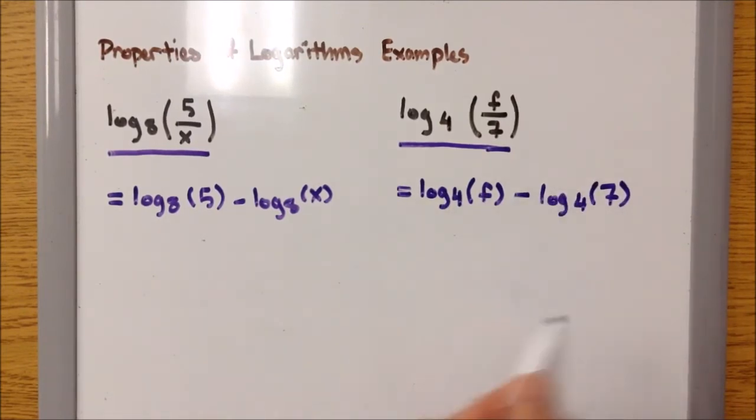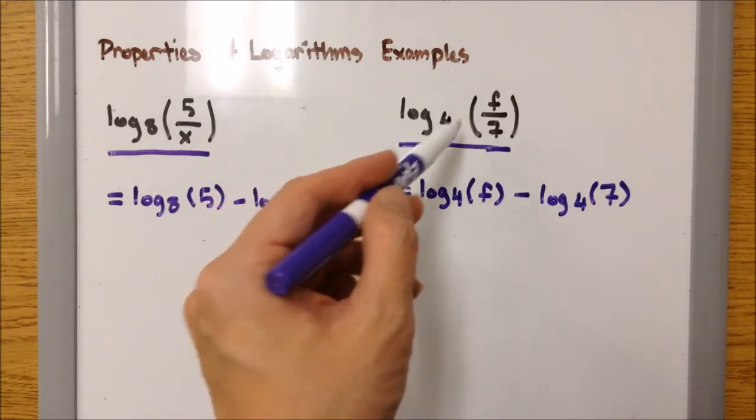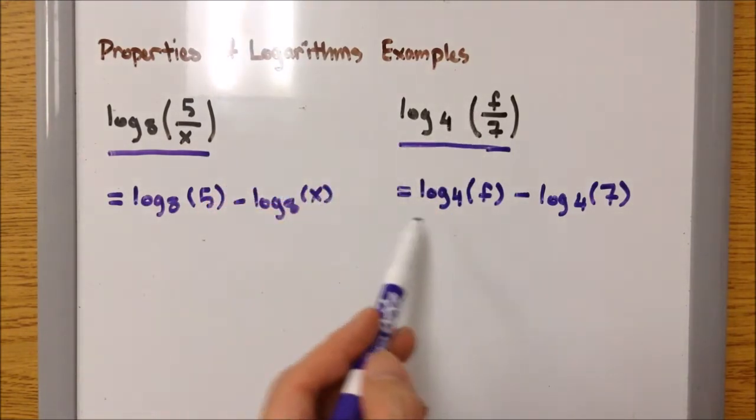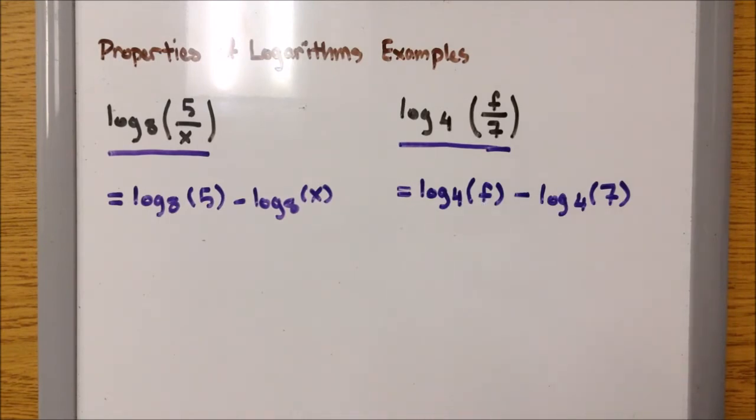And again, that's all I can do. So I just rewrote log base 4 of f divided by 7 as log base 4 of f minus log base 4 of 7 using the quotient property.